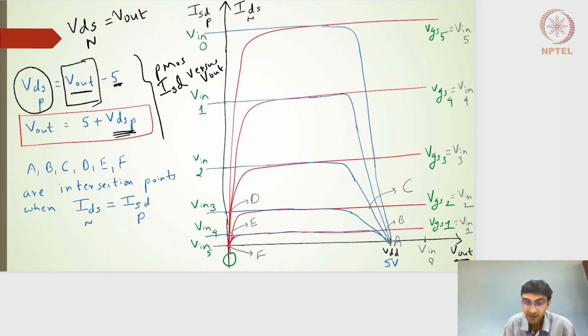And if I want to do the same for the NMOS, VDS of NMOS is nothing but V output. So the same x-axis is replaced, instead of VDS of NMOS, by V out.